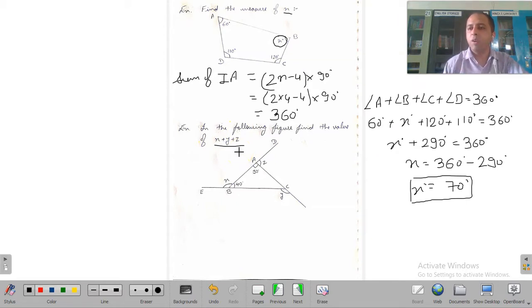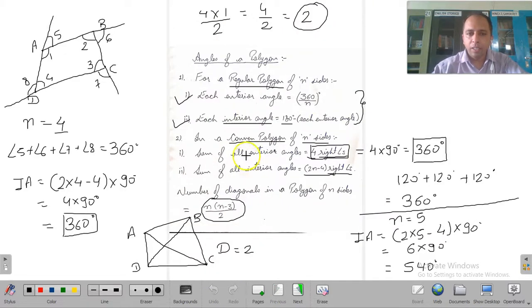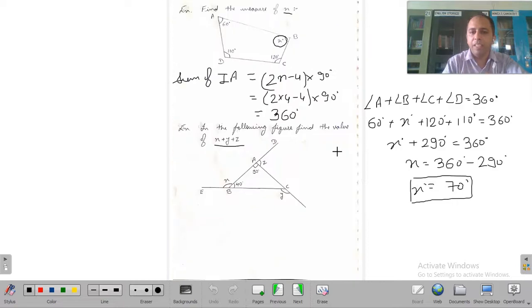Now what is the sum of exterior angles? Look, we have just seen the sum of exterior angles. The sum of exterior angles is equal to 4 multiplied by 90 degrees.